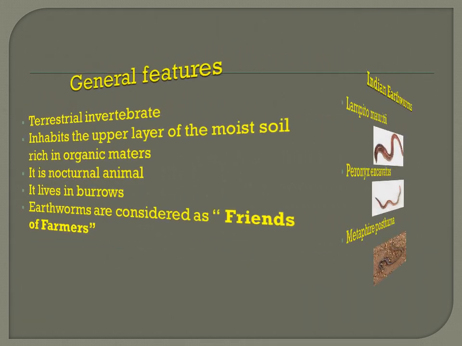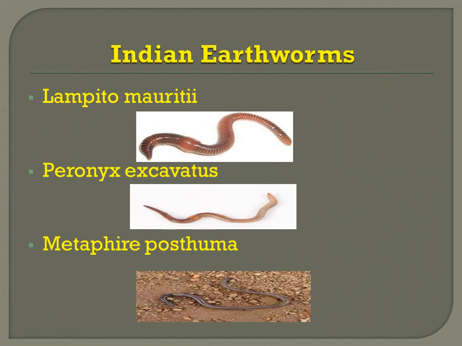In India, there are three types of earthworms. Let us see the types. The first one, the scientific name is Lampito mauritii. The figure is also displayed there.